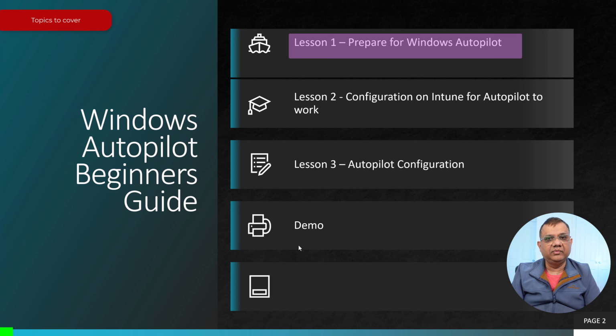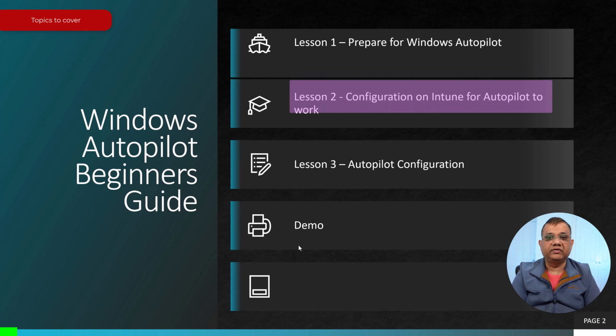Lesson 1 will be preparing for Windows Autopilot. When I say preparing, we are thinking about what exactly the ingredients and recipe required for you to start with Windows Autopilot. We are not focusing on how the configuration is done, because even before configuration you have to prepare for a few things. The second lesson will be about the configuration on Intune for Windows Autopilot.